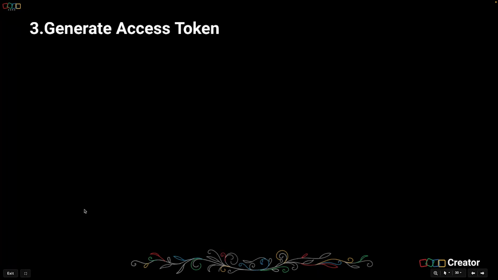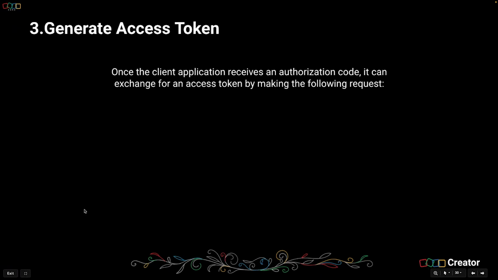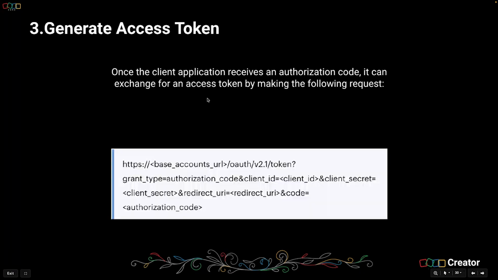Post which you will also get the authorization code when you click on the create button. The third step is to get the access token using the authorization code. Once the client application receives an authorization code, it can exchange it for an access token by making the following request. This is the request URL which needs to be used, wherein you pass the base account URL, OAuth, v2.1 type of authorization, and the tokens.